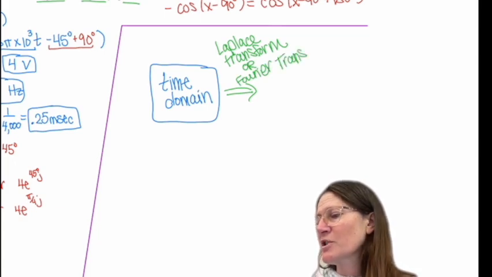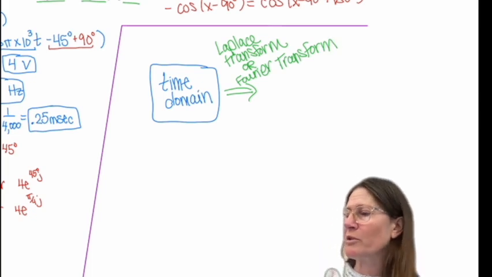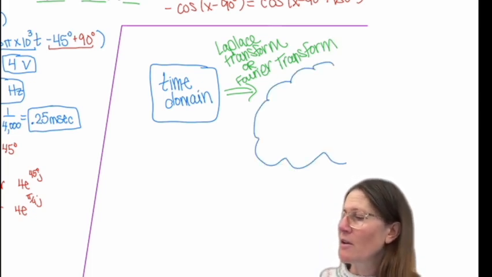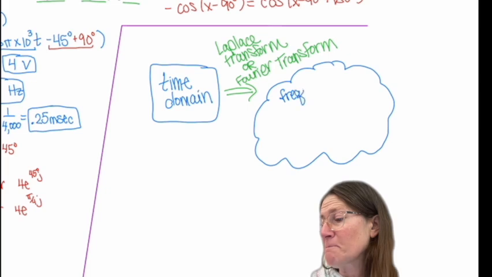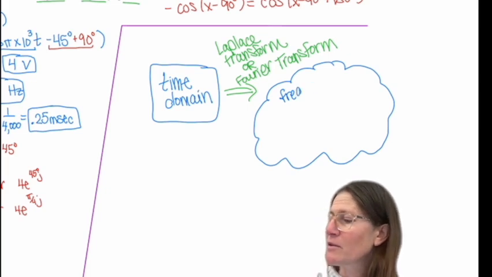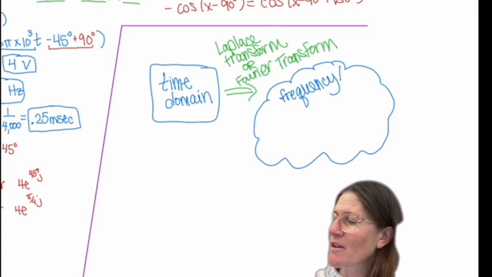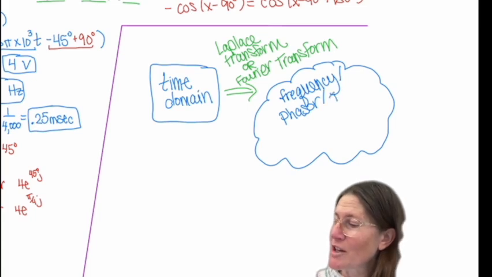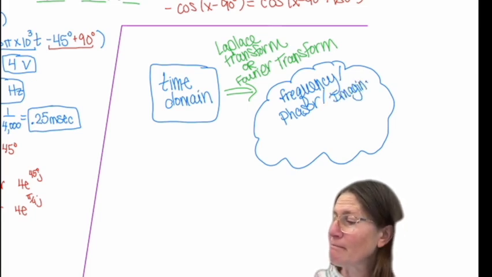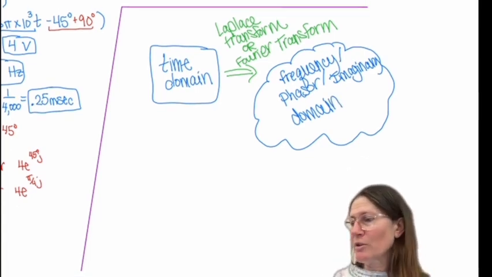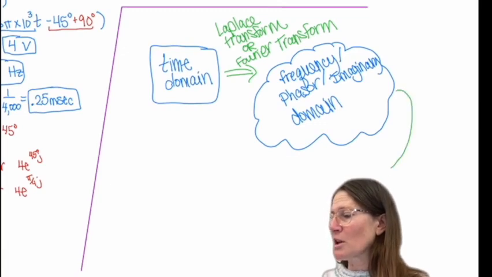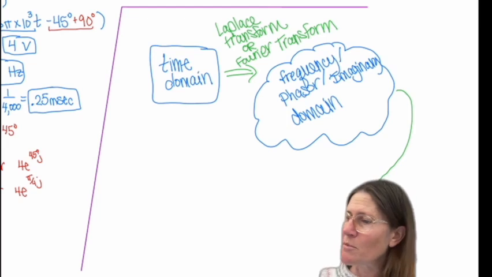So there are different types of transforms to move into this new space called the frequency domain. Frequency, phasor, imaginary, all of these mean the same thing. And we just call it a domain. And then we can solve a circuit in this realm, and then we can convert back into the time domain.